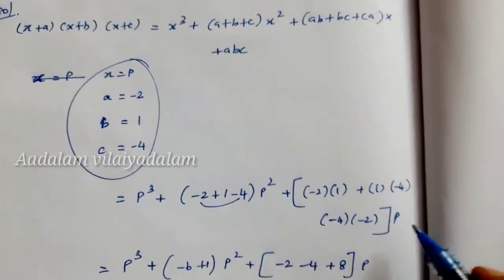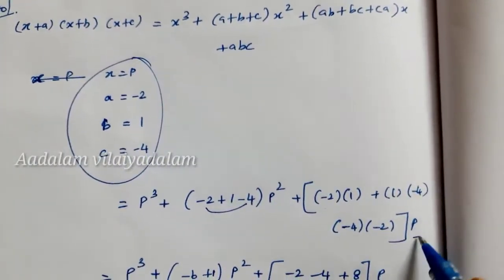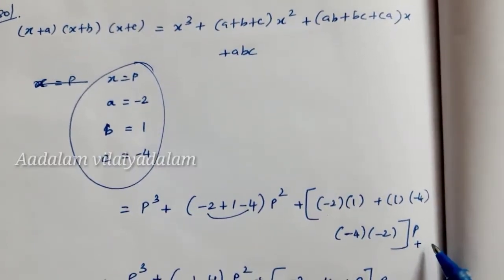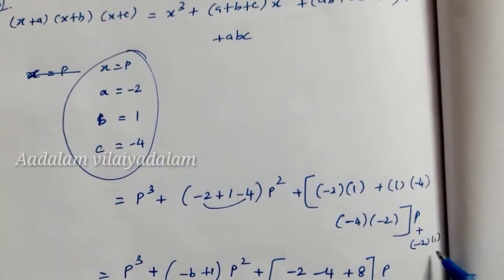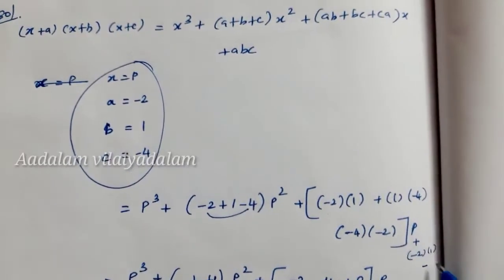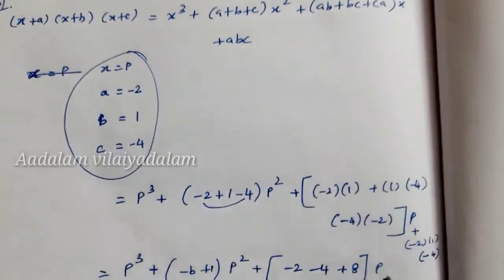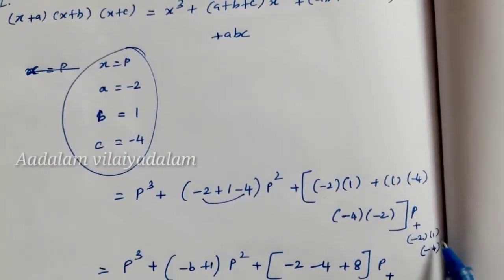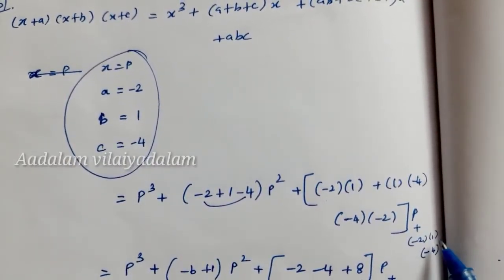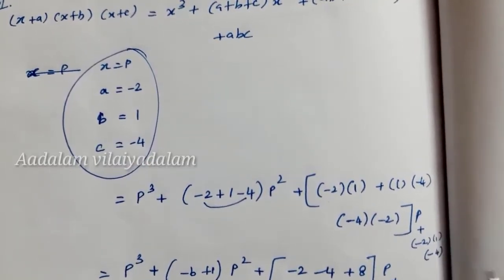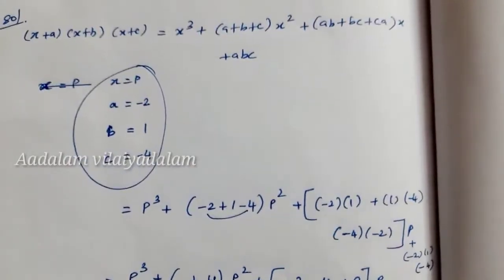Here I forgot to write abc. So let's write plus abc, which means minus 2, 1 and minus 4. Multiplying all these three, 2 ones are 2, 2 fours are 8. Minus into plus is minus and minus into minus is plus, so I get plus 8.